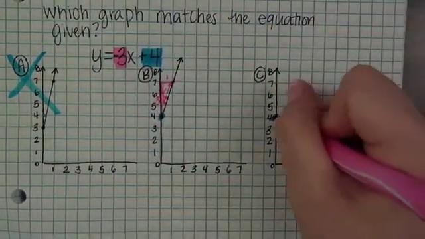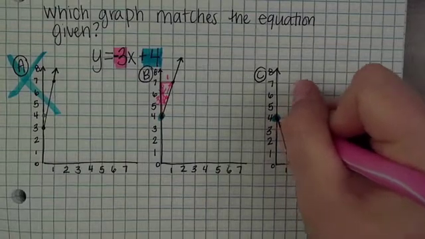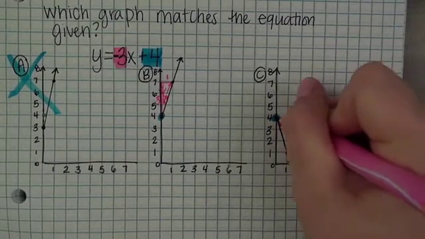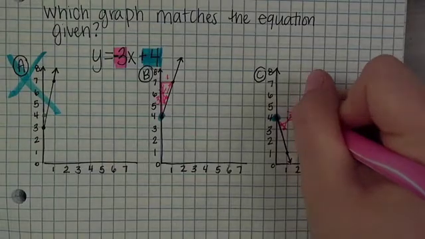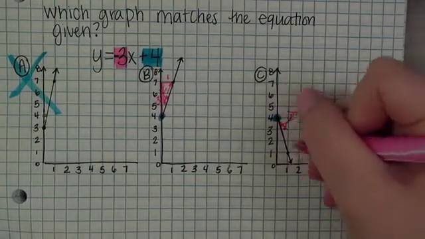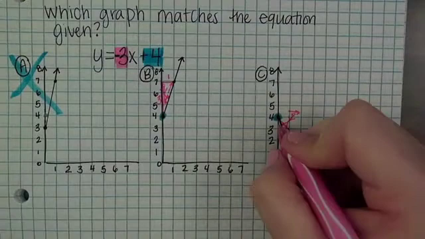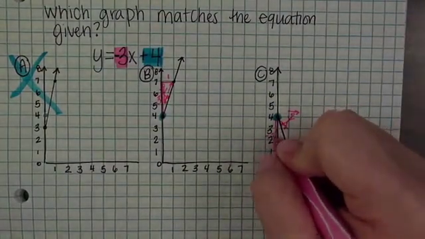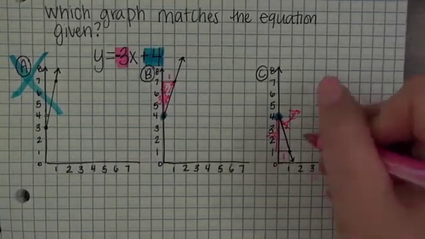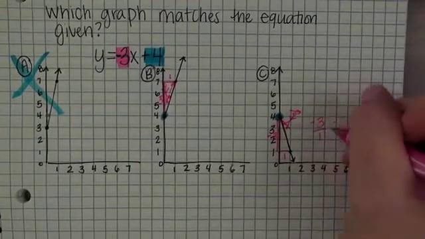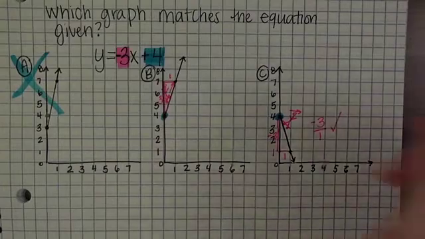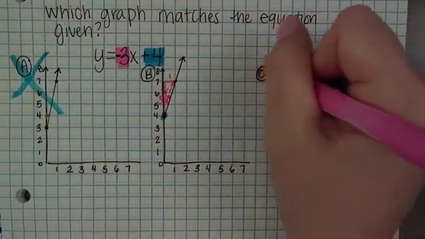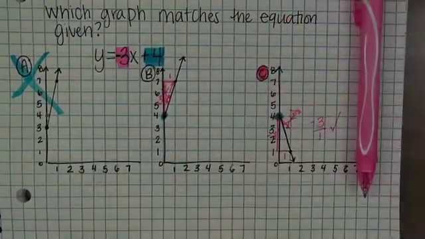This one, if I draw my skateboarder, he's having a good time because look how fast he's going down that hill. So that was a negative slope, or if you mark it, negative 3 over 1, which is what we wanted. So our correct answer would be C.